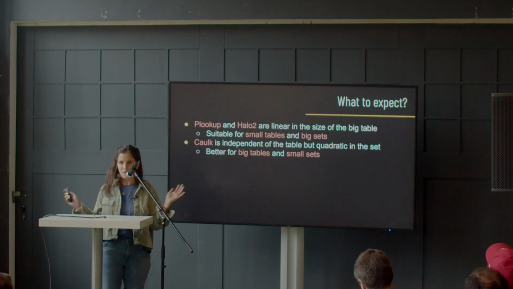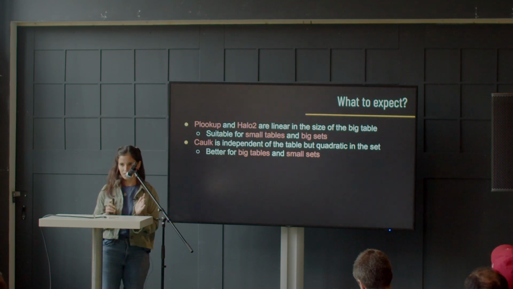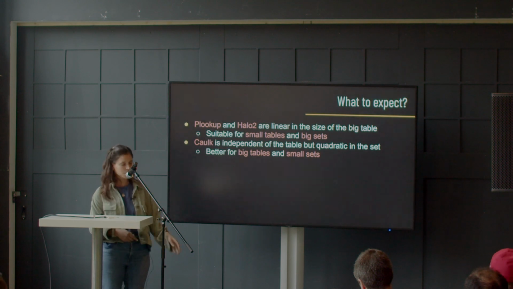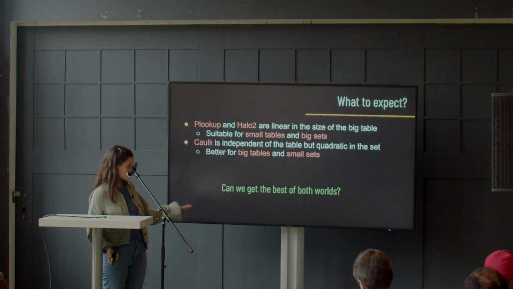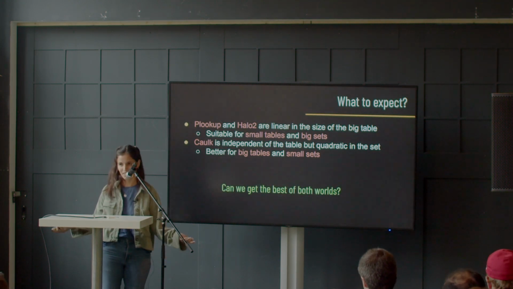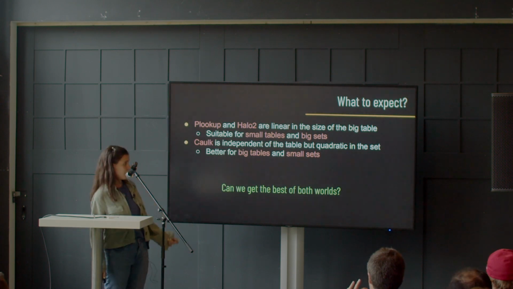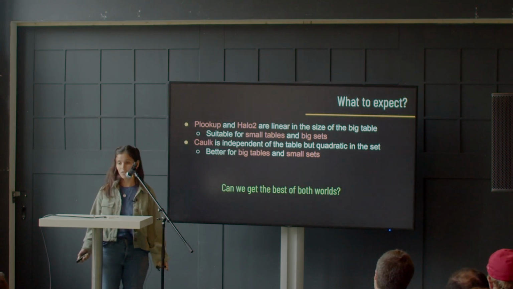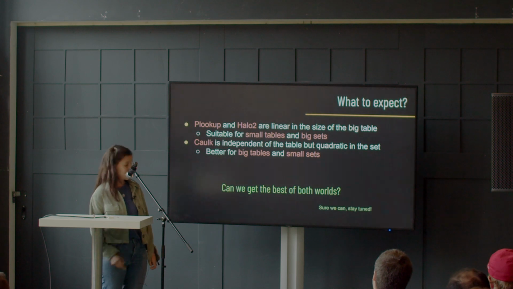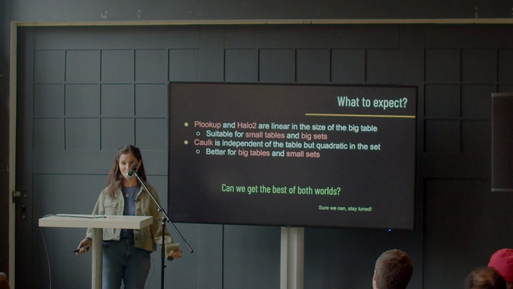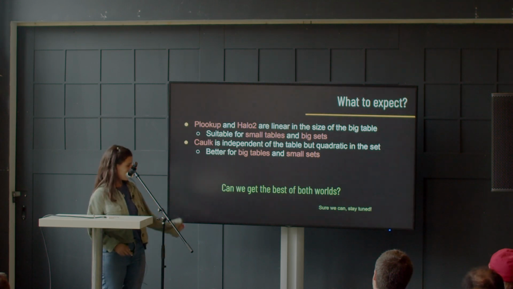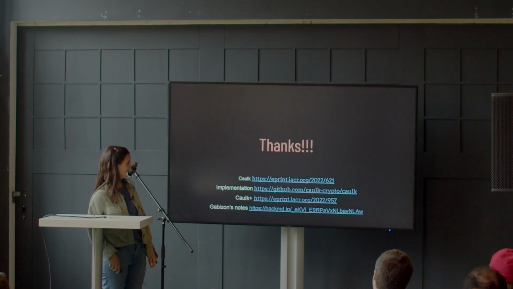So if the public set is big and we are looking at small pieces of it, this works well. The question is if we can get the best of both worlds, which I mean just linear in the size of the hidden set. I say yes, sure, but I say it quietly because we have to do the proofs yet, but that's where we are right now. Thank you.